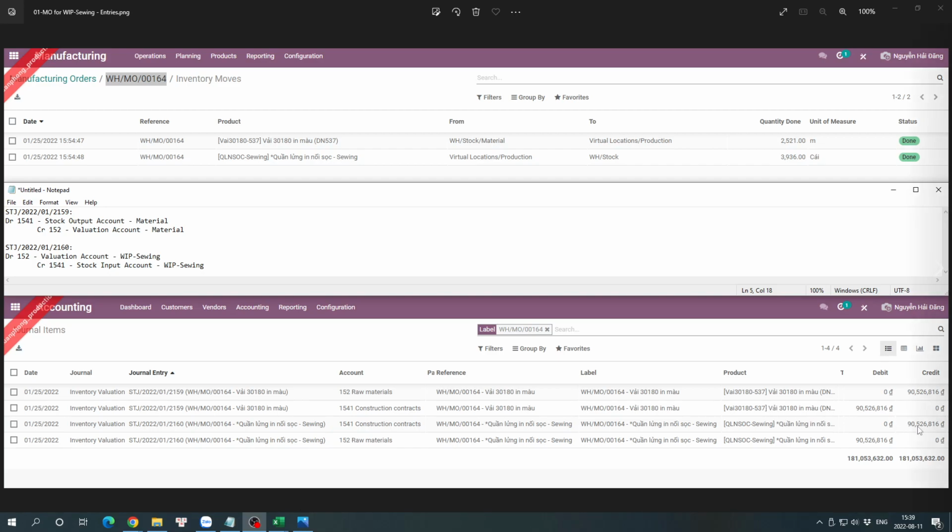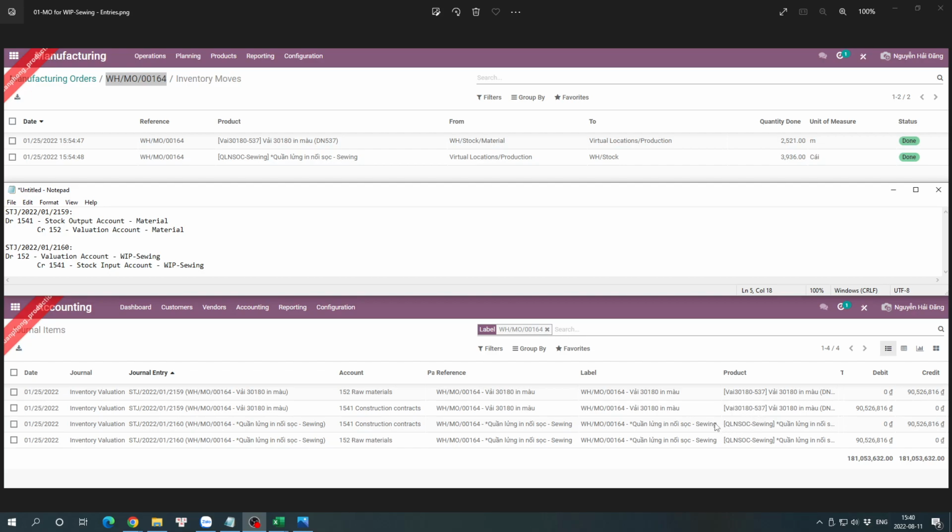In terms of debit and credit, they do cancel each other, but in terms of matching to the product code, they don't really match. You are debiting 90.5 million of fabric and crediting 90.5 million of work in progress. Although in terms of accounting account 1541 the money offsets each other, the product codes don't match.